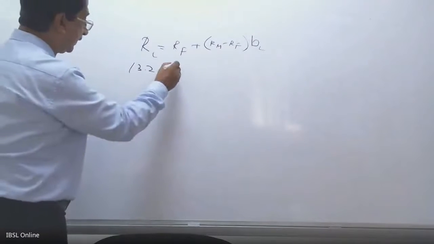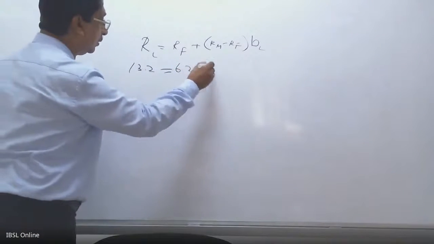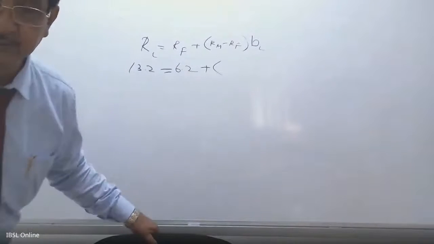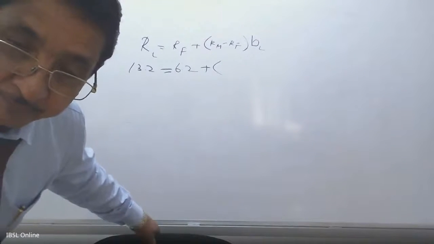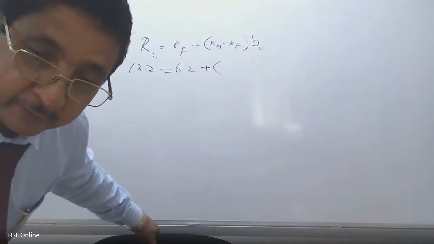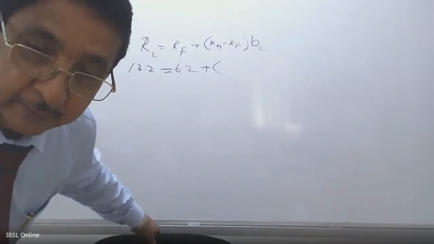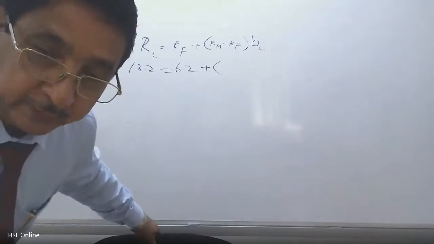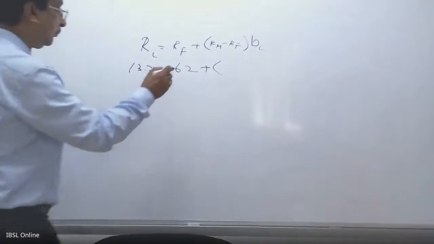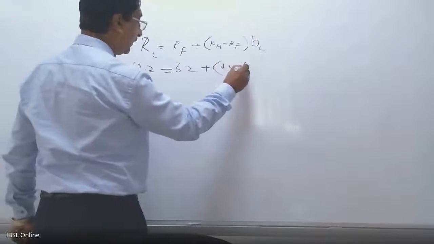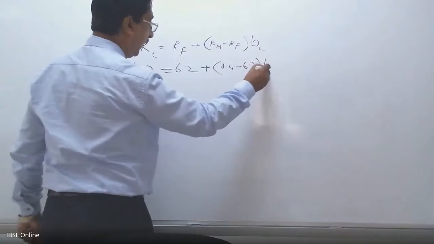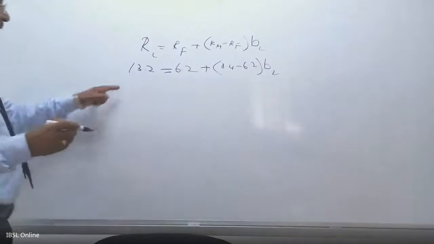RF is 6.2. RM is the S&P 500's arithmetic mean, which we calculated as 8.4.